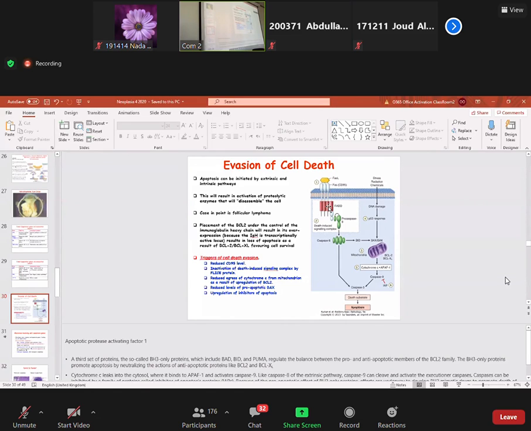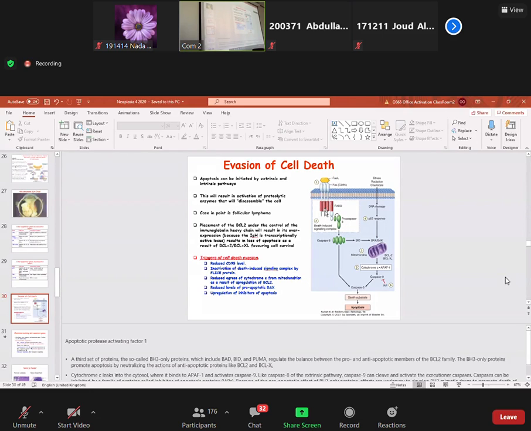That is going to recruit a special protein inside the cell known as the FADD. The FADD itself is going to become part of these domains of the cell receptors, and the FADD is going to recruit the procaspase 8.